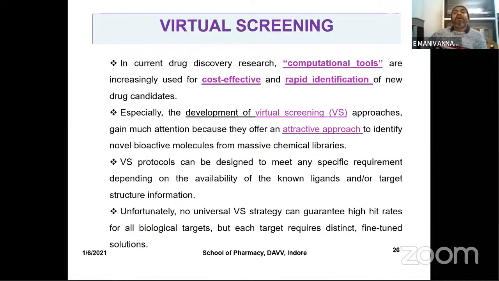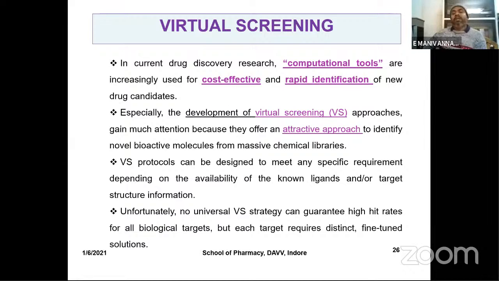The purpose is cost-effective and rapid identification of new drug candidates. So the development of virtual screening approaches is gaining much attention these days, because of their attractiveness in identification of novel bioactive molecules from massive chemical libraries.